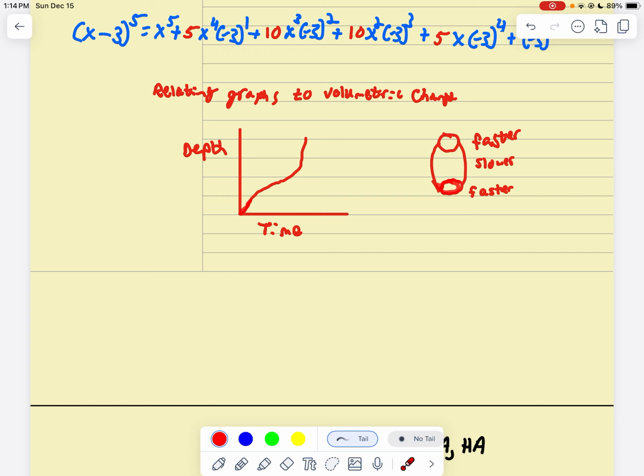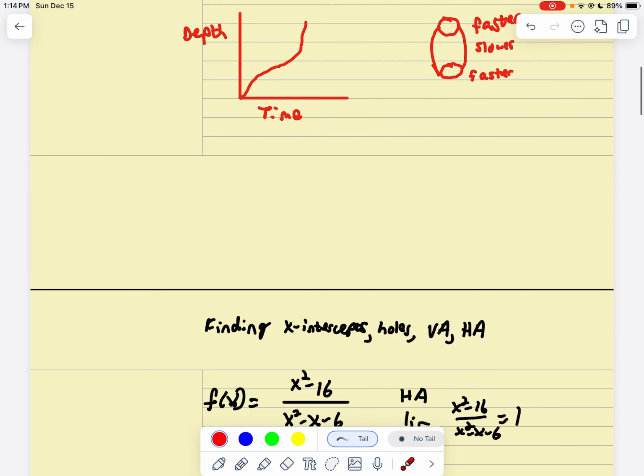And then as it expands out and gets wider, the cross-sectional area gets larger. And since volume is cross-sectional area times the depth, or delta h, the height will necessarily slow down increasing until it starts to decrease again, and then it goes up faster. So be aware of how to interpret that.